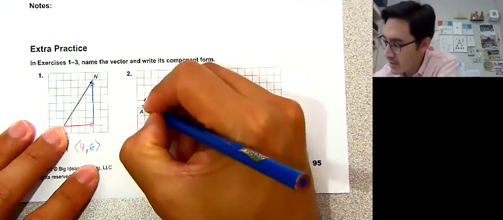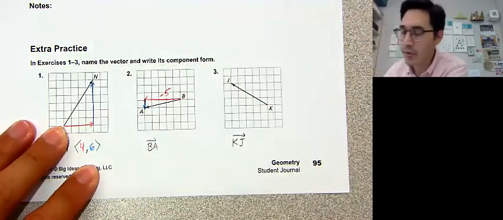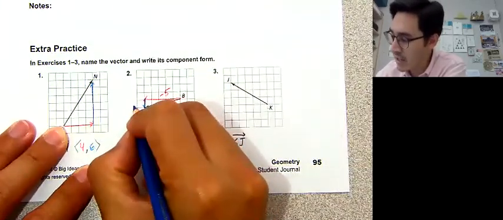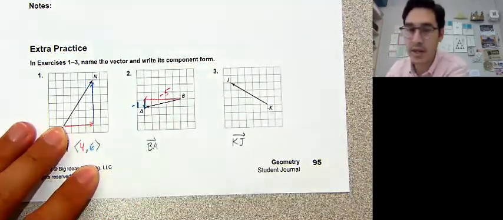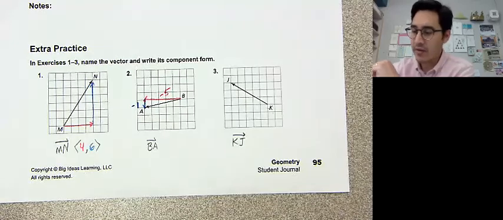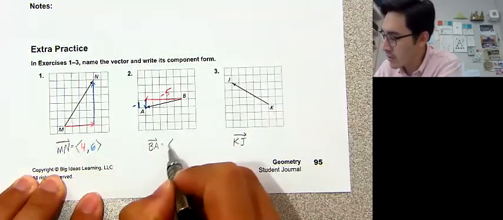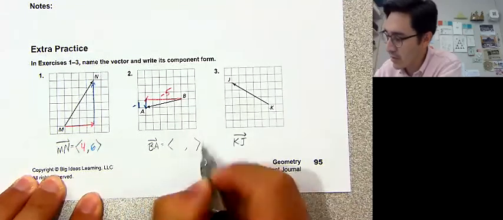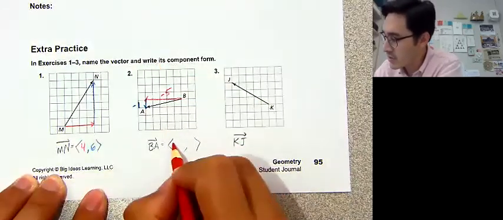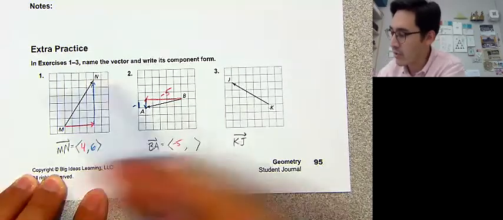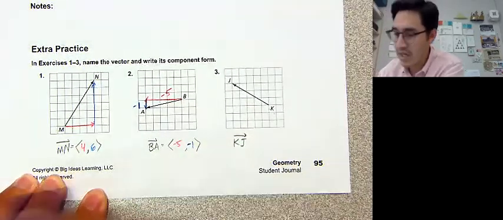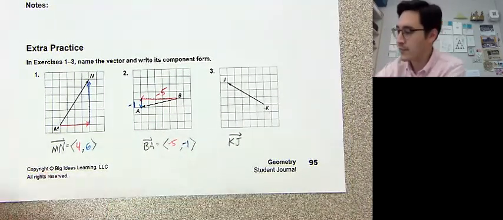And then you'd add on the vertical component, because we're going down, that will also be negative as well. So -5, -1. I should probably put an equal sign there. Those are the components of this. -5 is the horizontal component, and -1 is the vertical component.